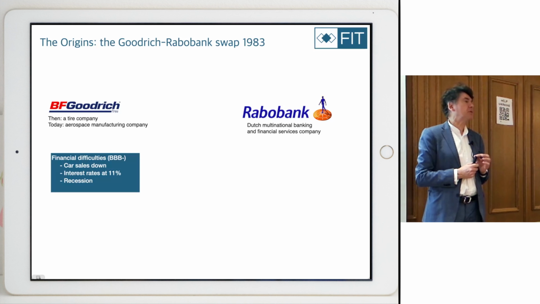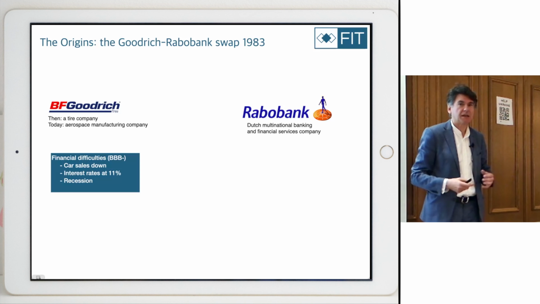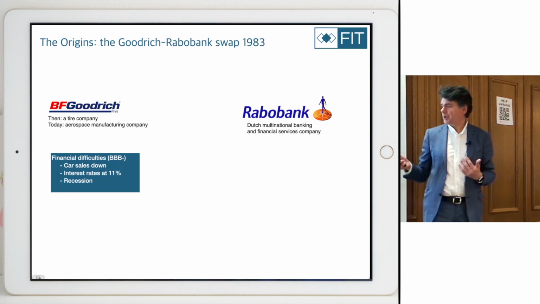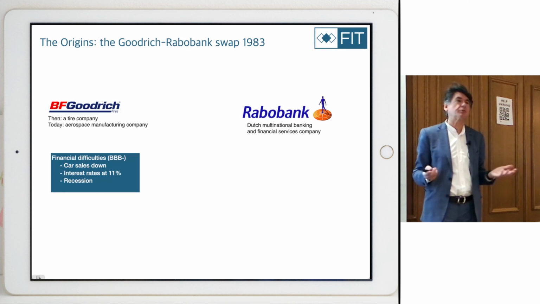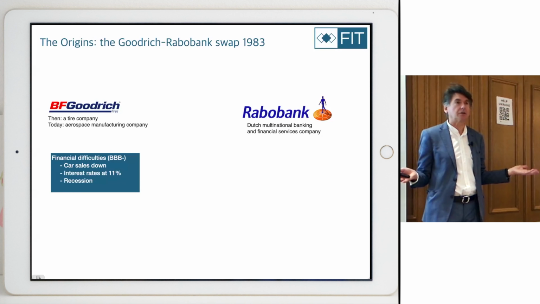Okay, do you know anybody who drives a 27-year-old car? Well, I know some people in Cuba who drive even older cars, but that's rare, yes? So during a period of recession, with interest rates at 11%, you don't sell cars. If you don't sell cars, you don't sell tires.